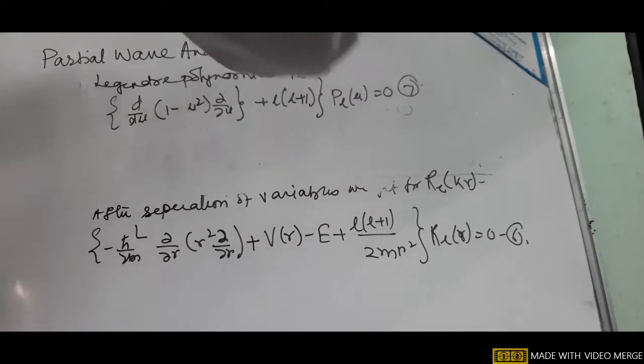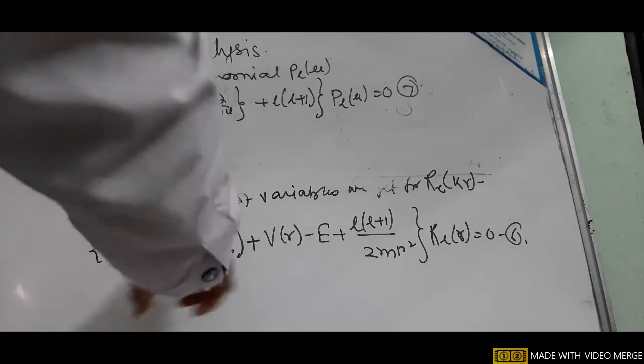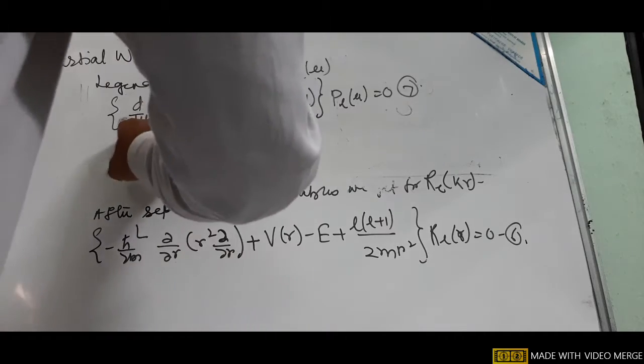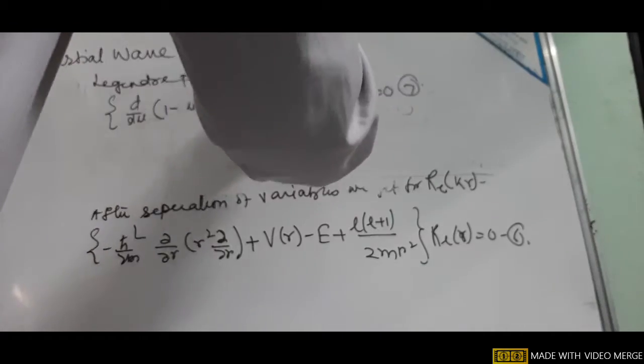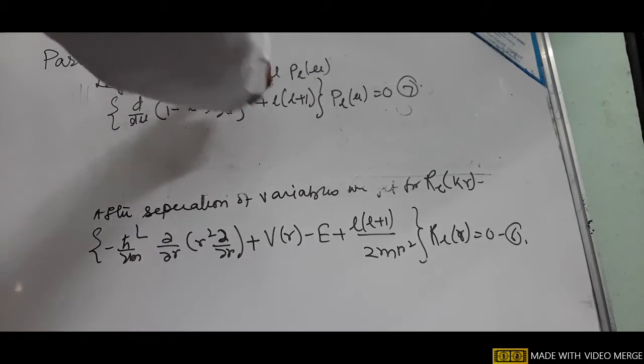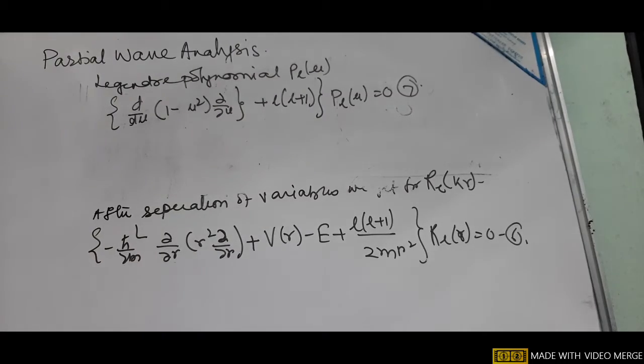This is equation 7. So one is for the radial part and another is the angular part, which is satisfied by the Legendre polynomial P_L(μ).